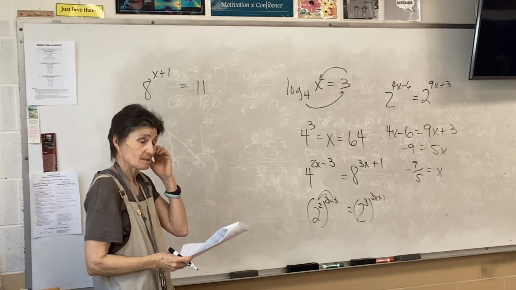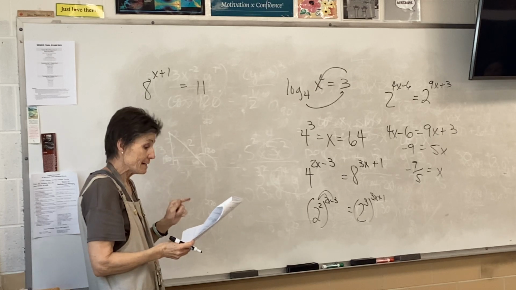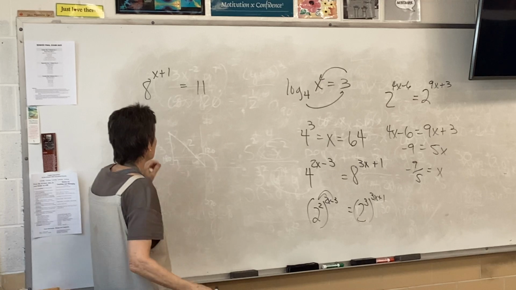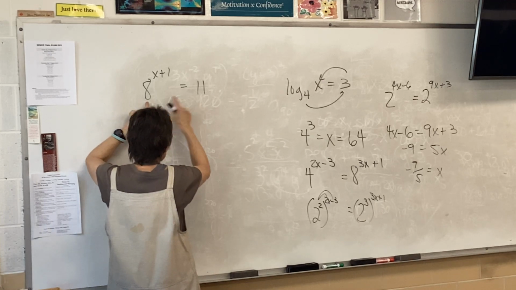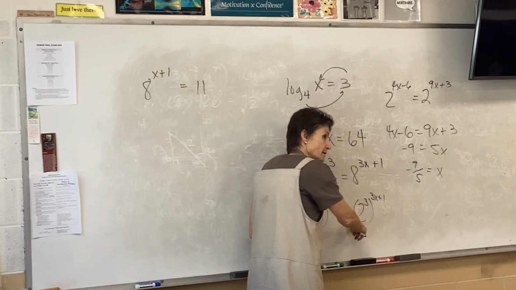Now this is problem E, and E does have a star by it, because I'm going to need a calculator for this one. Can I change 8 and 11 into the same thing like I did 4 and 8?